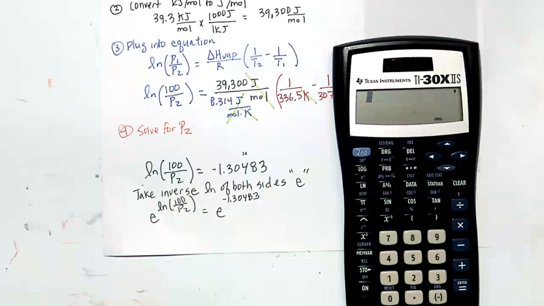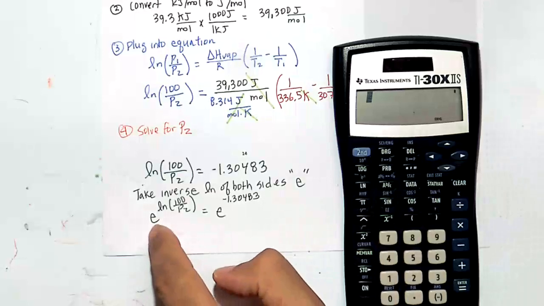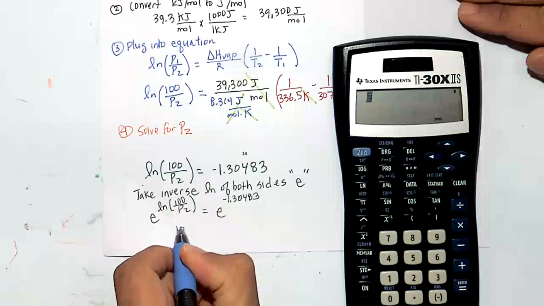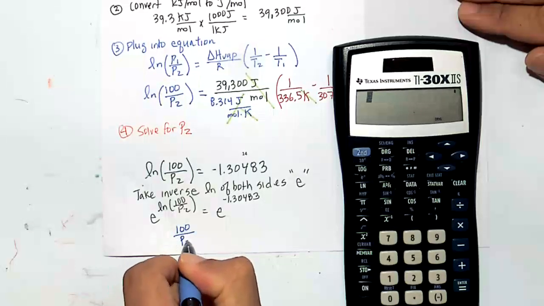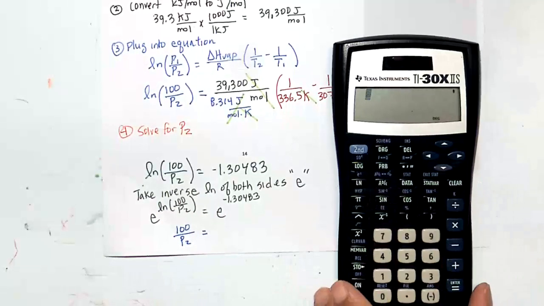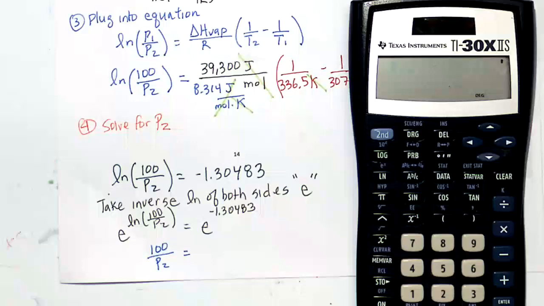Here's a question. Do not get stumped, it's an easy question. What is E to the power of natural log of 100 over P2? It's just 100 over P2. What's E to the power of minus 1.30483? Let's put that in our calculator.